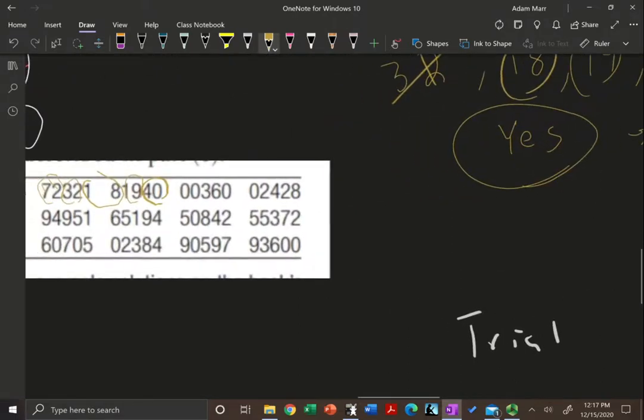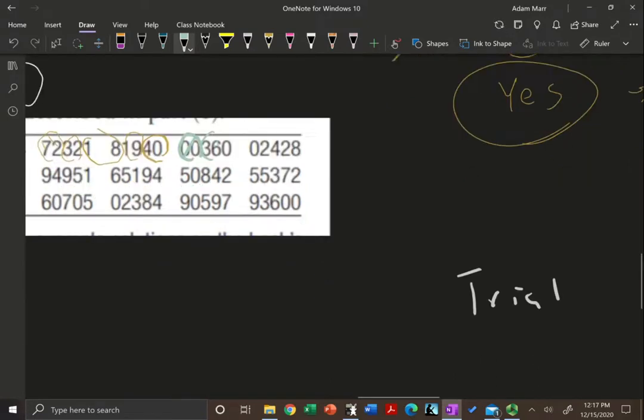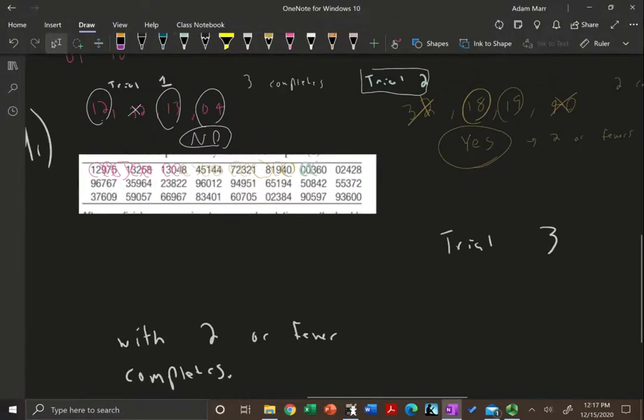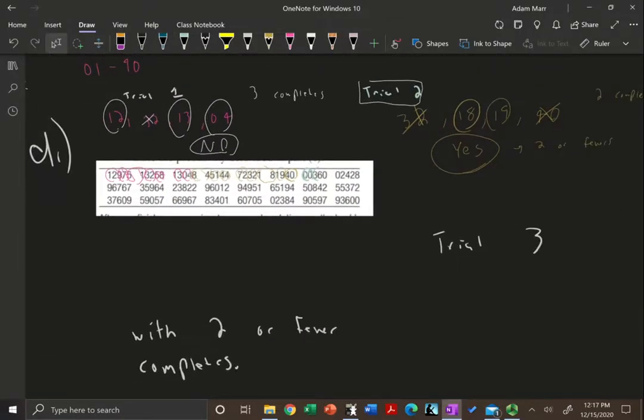Let me make this nice and big so I don't make a mistake here. There's the first one that is not valid, right? 36. That is valid right here. Remember, we're doing from 1 to 40, so 36 is good. All right, then we have 00.